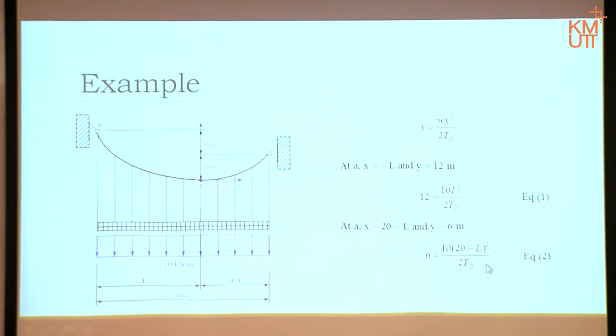Can I ask you a question? Do we know x, y at the origin? Origin x, y is always 0, isn't it? We know. So why don't we use it? Two reasons.